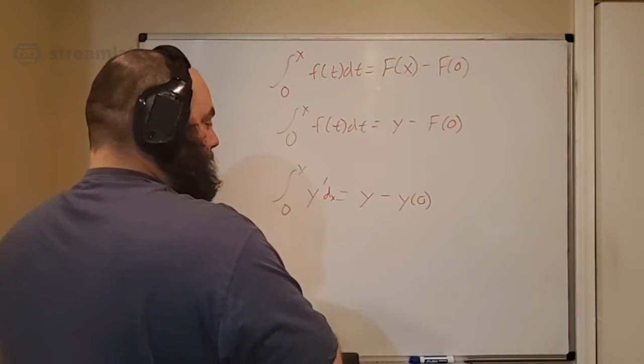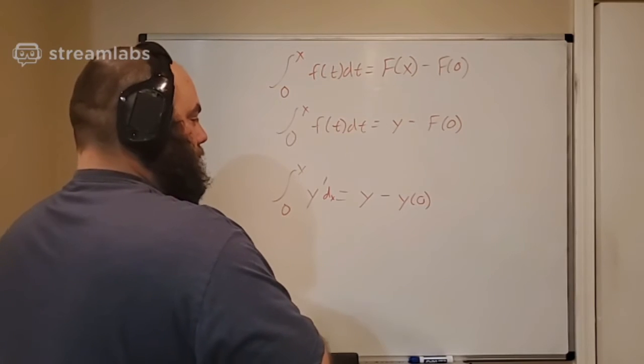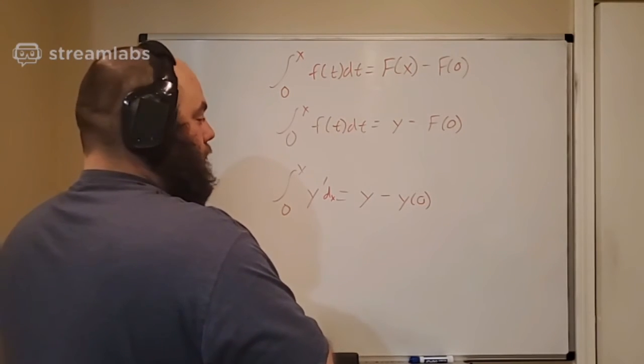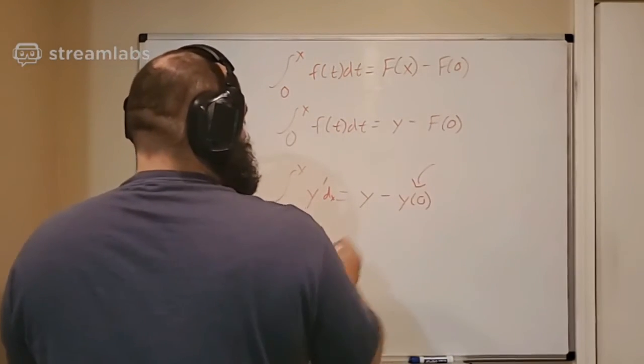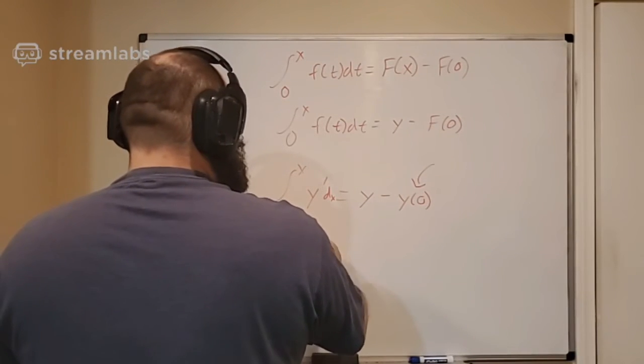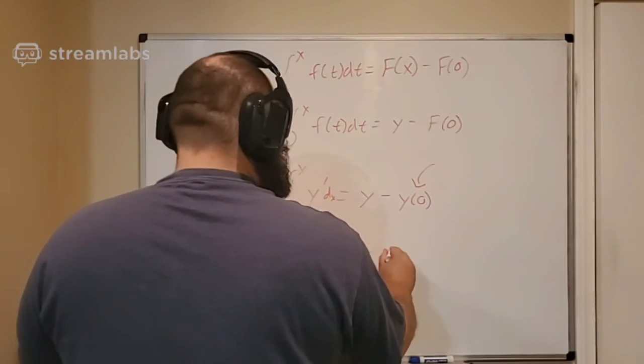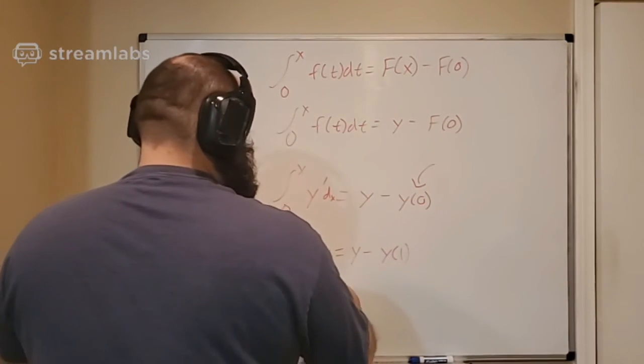And again, we need the 0 to be a 1. So it had to be the integral from 1 to x of y prime dx is equal to y minus y of 1. So y is equal to y of 1 plus the integral from 1 to x of y prime dx.